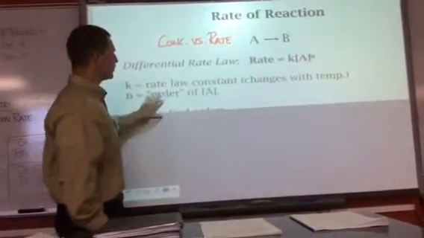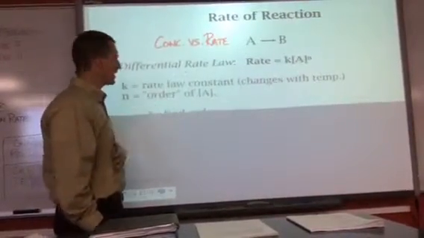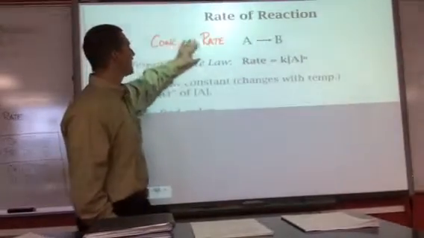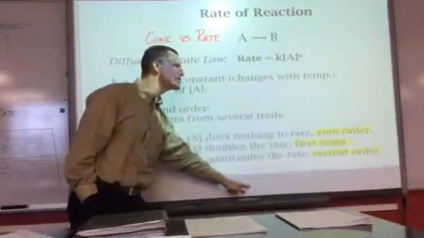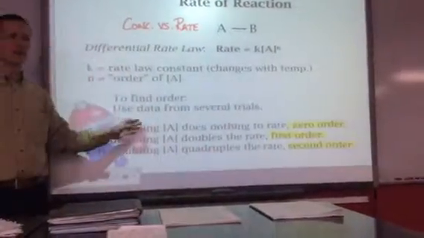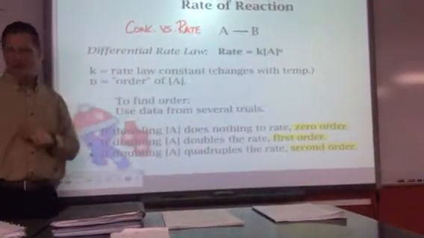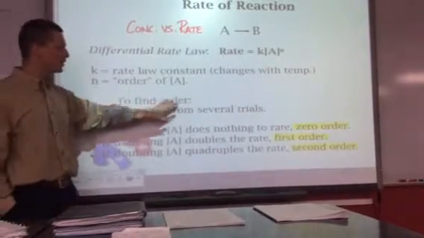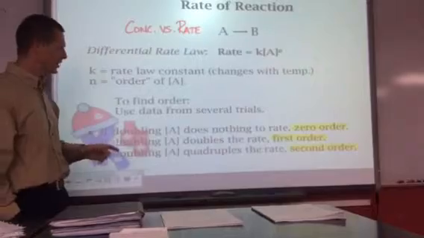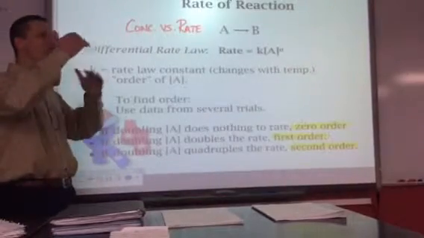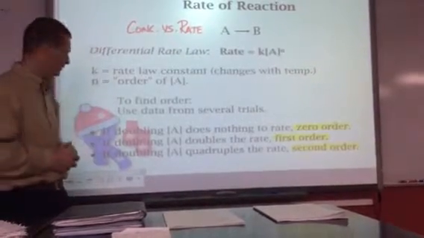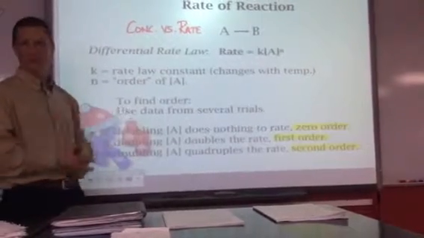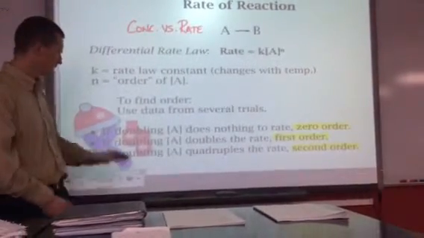That's what the order means, and we'll be going through that again and again. When you're given concentration versus rate data, this is how we find the order of the reactants. You have to run the experiment several trials, and then see how the concentration affects the rate. If you double the concentration of A and nothing happens to the rate, that means it was zero order. And so on.